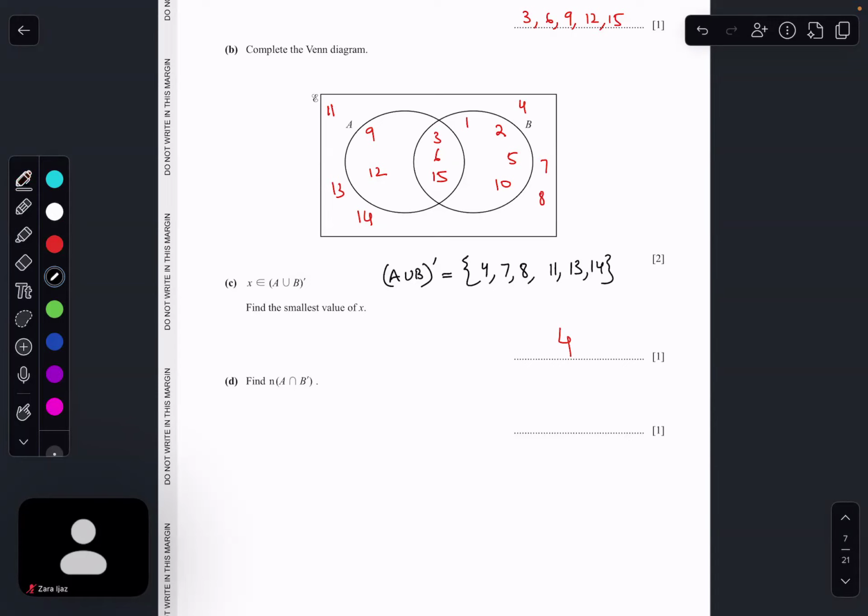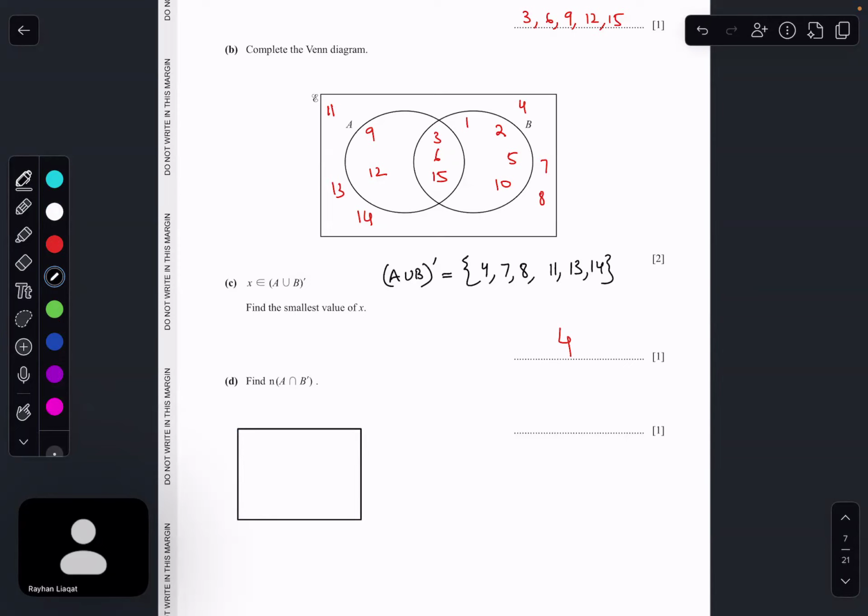So for those who can't figure this out, Rehan, Rishi, can you figure out the area they're talking about? Which region are they talking about? A intersection B complement. Yes, Rehan? So they should be part of A, but excluding the set B, right?